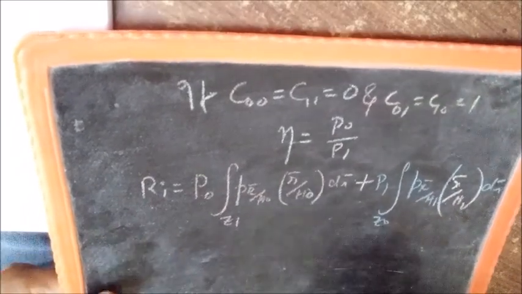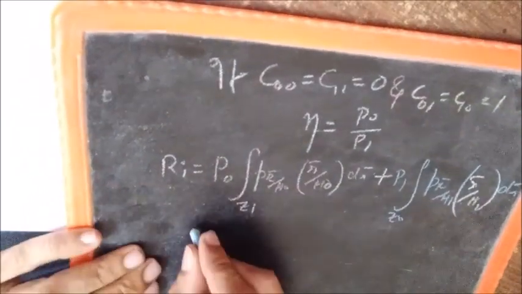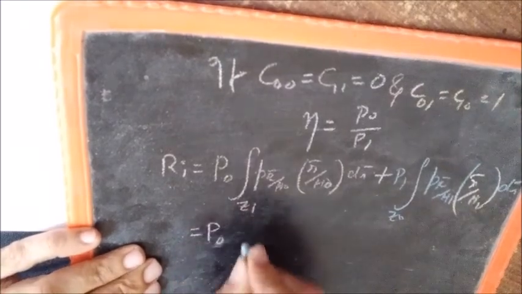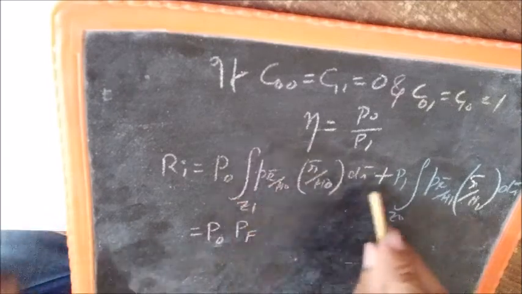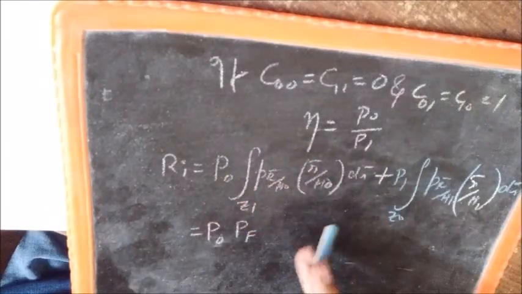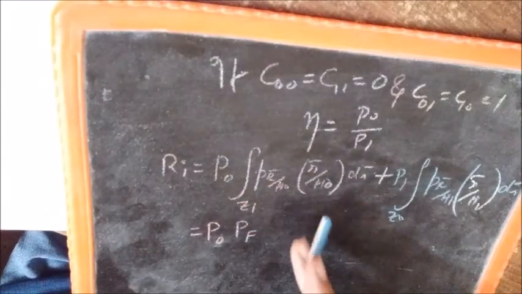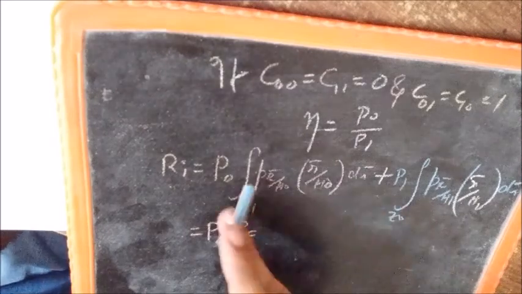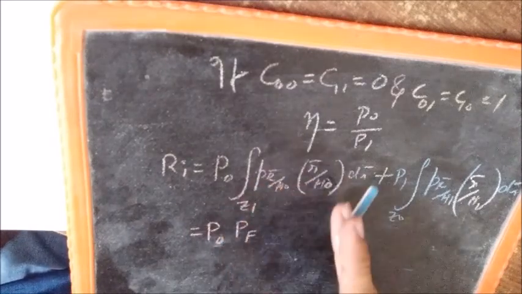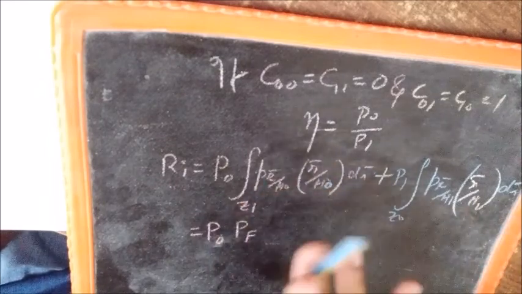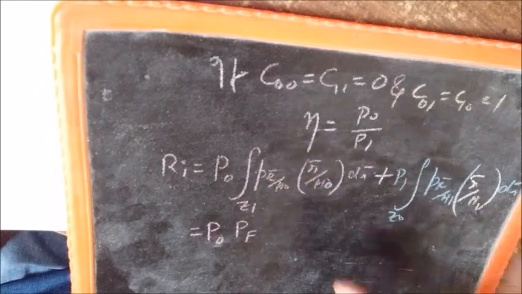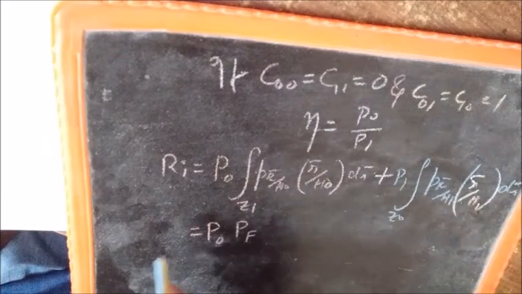And this we can now write as P0 PF, where PF is the probability of a false alarm, because this is a false alarm. When H0 is the true hypothesis, we declare H1 is the true hypothesis because we land in the region for H1. It is the probability of landing in the region reserved for H1 in the observation space when H0 is the true hypothesis.